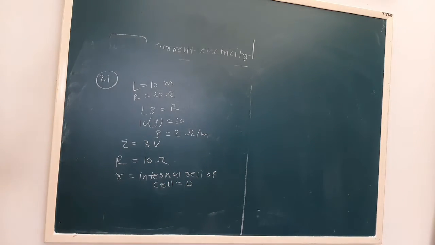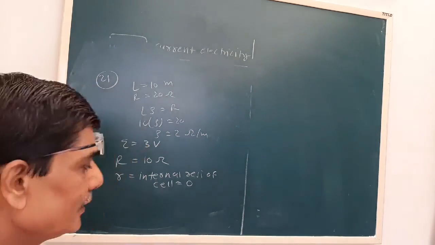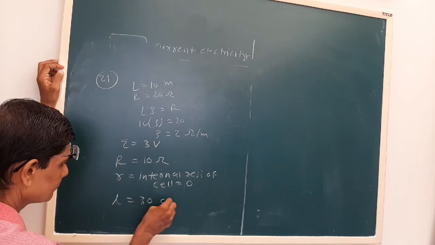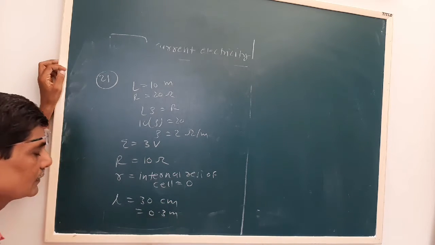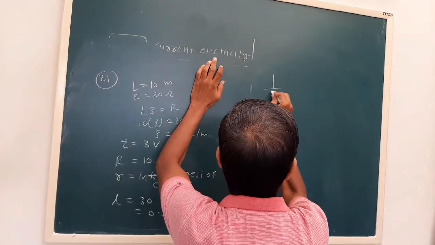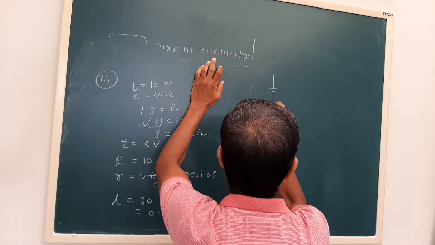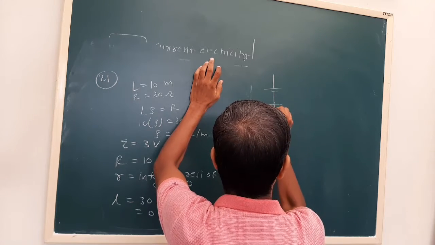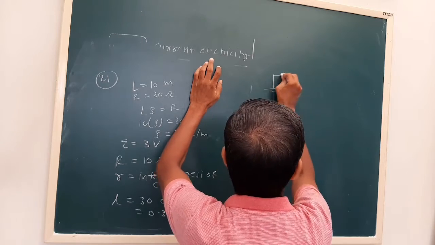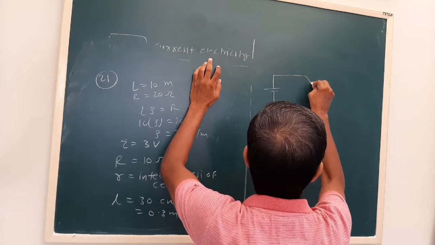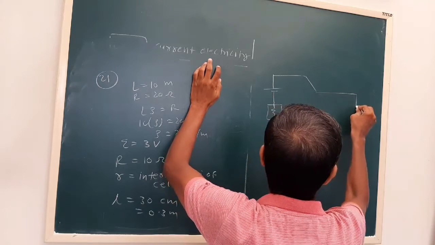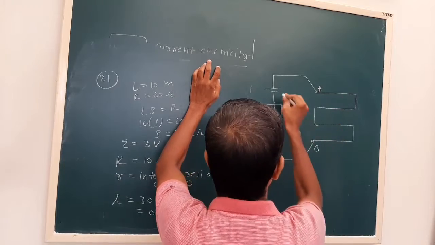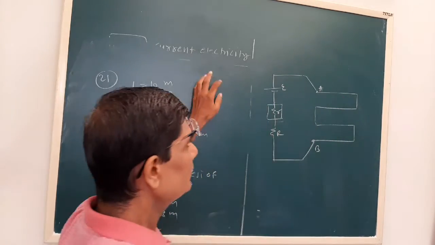Now what do you have to find out? The potential difference between any 2 points on the wire separated by 30 centimeter. Now recall the theory part of the potentiometer.